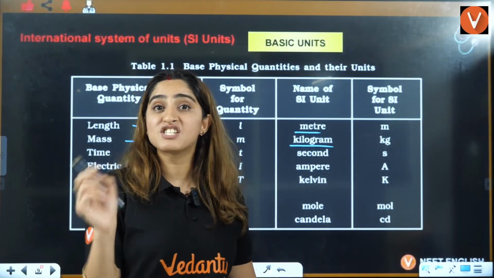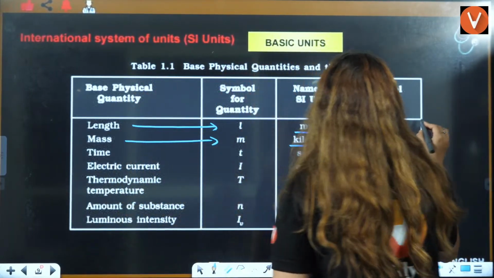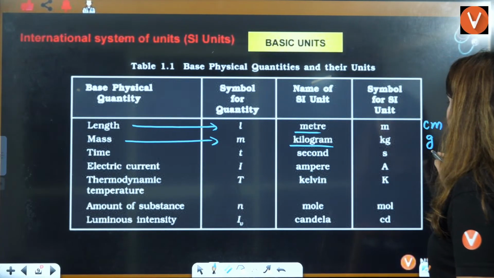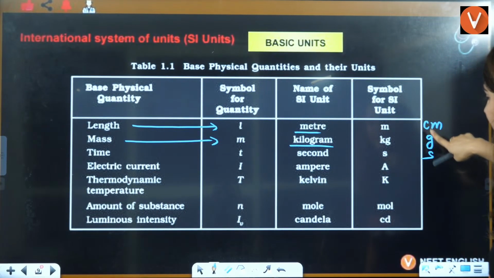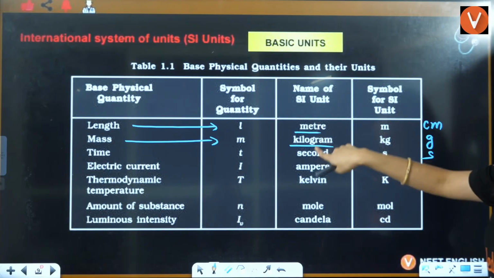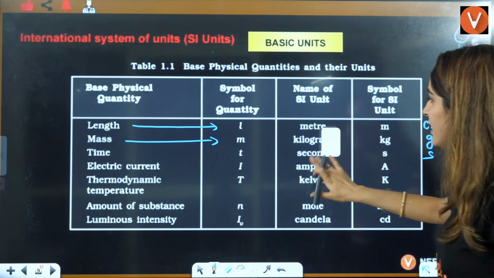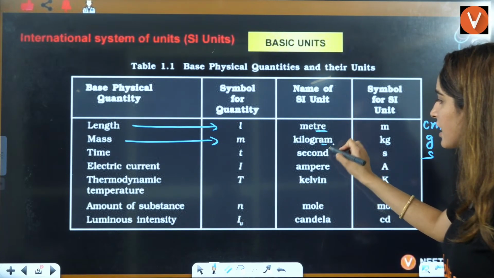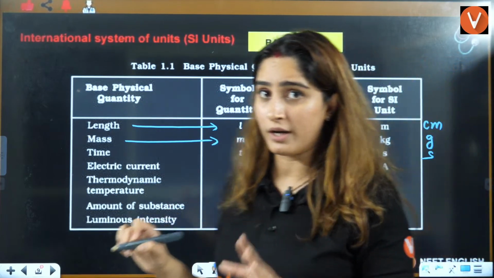In the CGS system, you take centimeter, gram and second. That's why it is called CGS. But in SI, it is meter, kilogram and second. That is very important.